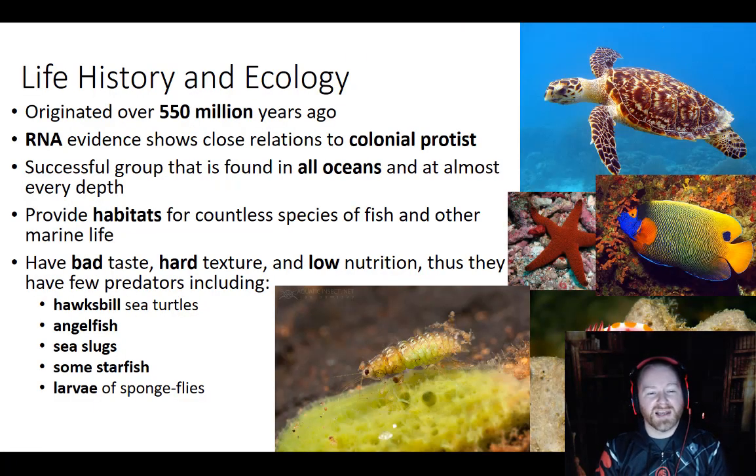So let's look at the life history and ecology of sponges. Some of the major things to know is that sponges are the simplest type of animal. Their fossils are found dating back to over 550 million years ago. So that's right about the time that we see a large explosion of life occur.